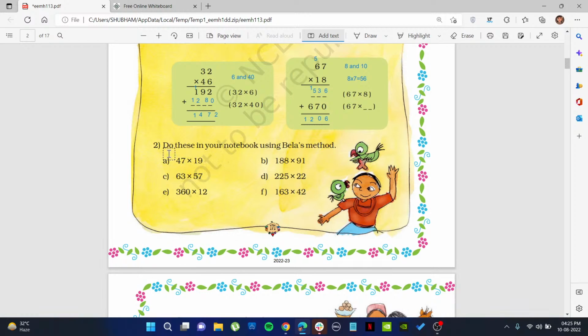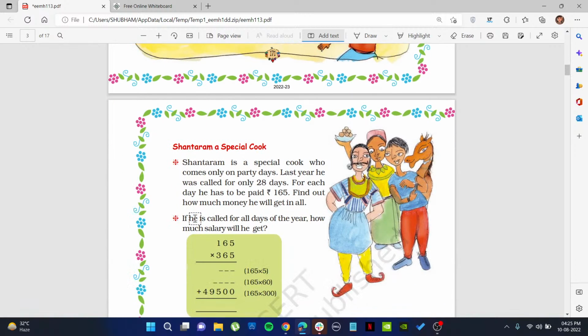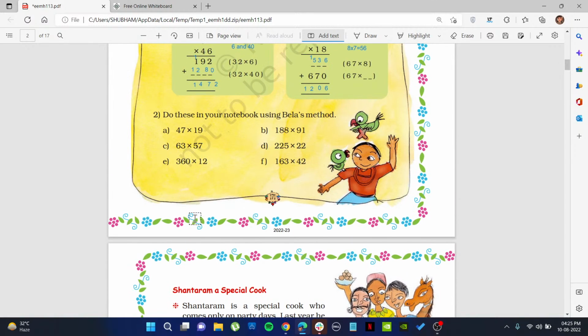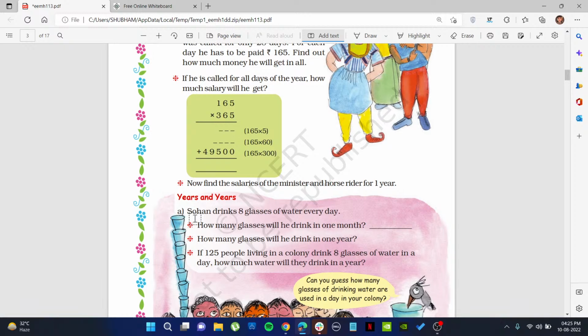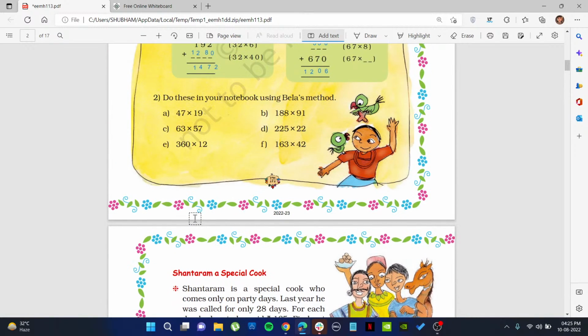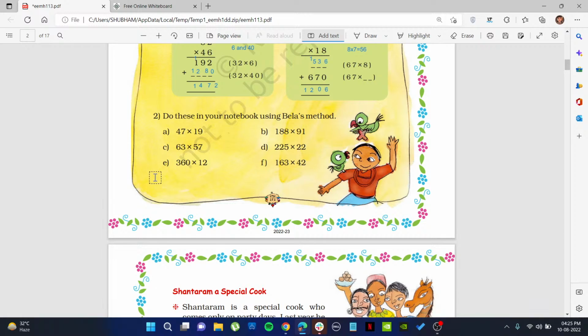And here we can see there are a total of 6 questions: A, B, C, D, E, and F. Let's do it together. Okay. Let's start solving question A.